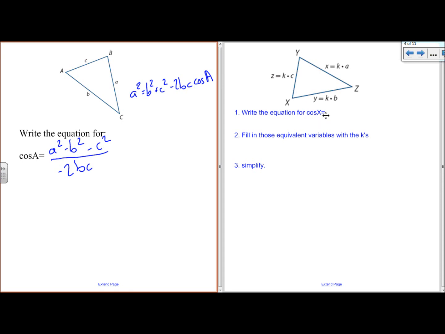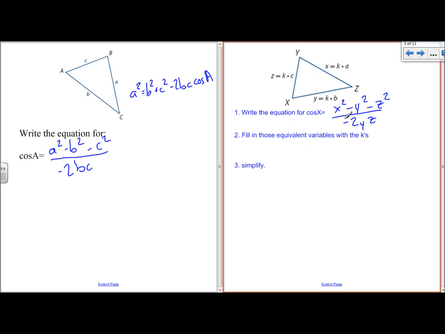Now let's write the cosine of X. Well, over here we said the cosine of A, okay, it's going to be X squared minus Y squared minus Z squared all over negative 2YZ. I have my lead letter, and then I subtract the leftovers over negative 2 times the leftovers. Now, same thing as you did in the first one.